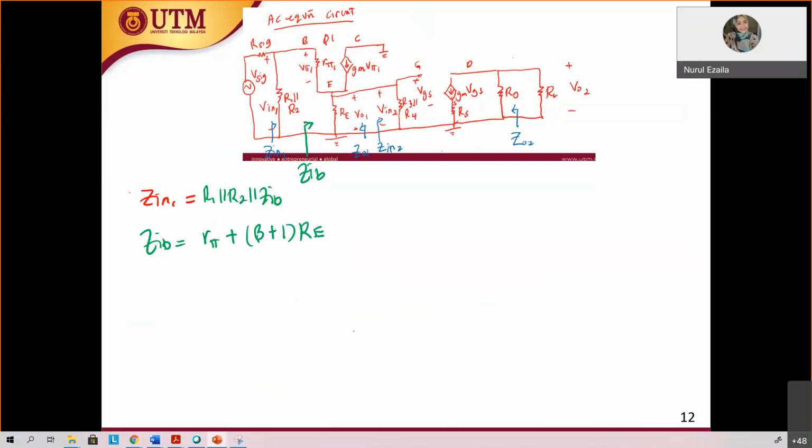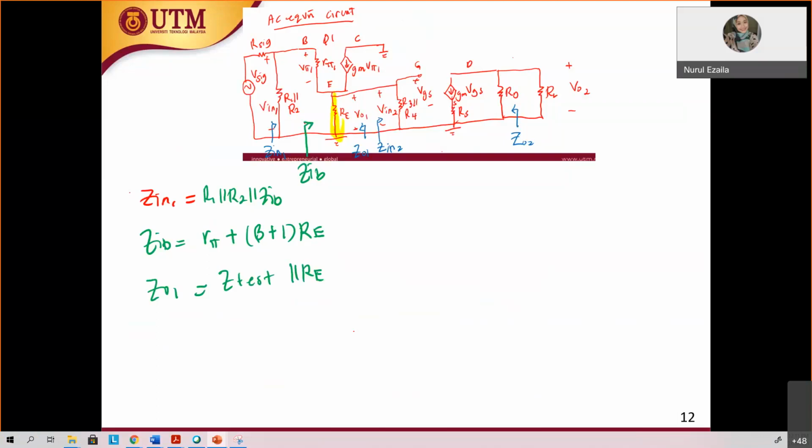Now Z out 1. What do you do for the Z out 1? You still remember what you do here? When you have common collector, Z test. Z out 1 is equal to Z test parallel with RE. Am I right?